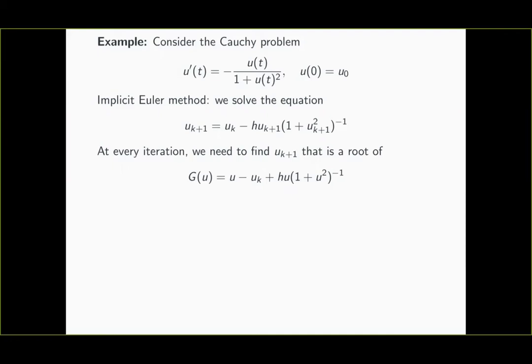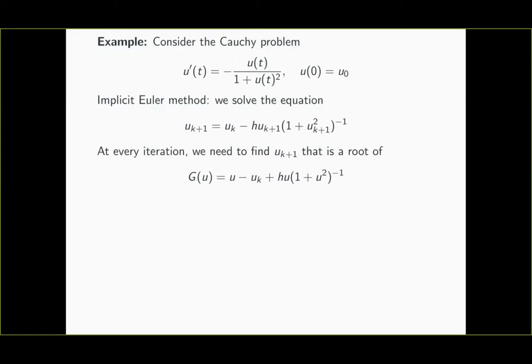In particular, at every iteration step, we need to find u_{k+1}, which is the root of the function g, where the function g is defined as follows. g of u is equal to u minus u_k plus h times u times (1 plus u squared) to the minus 1. This function g depends on u, and in order to find u_{k+1}, we need to find the root of the function g.